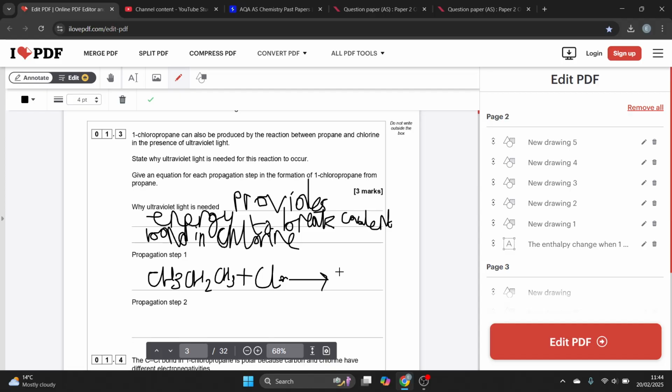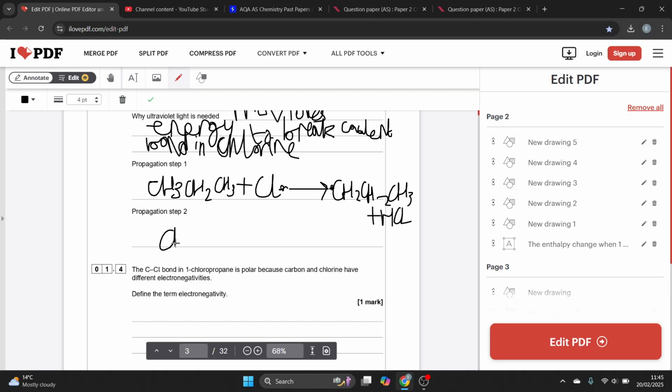I want to form 1-chloropropane, so I want the free radical to be on the first carbon. CH2, CH2, CH3, from HCl. CH2, CH2, CH3 plus chlorine to form ClCH2CH2CH3 plus Cl dot.